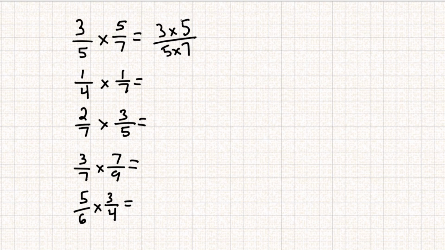Now here, like in the last example, I'm going to simplify this, and I know that 5 divided by 5 is 1. So I'm going to say 3 times 1 divided by 1 times 7, and that comes out to 3/7.